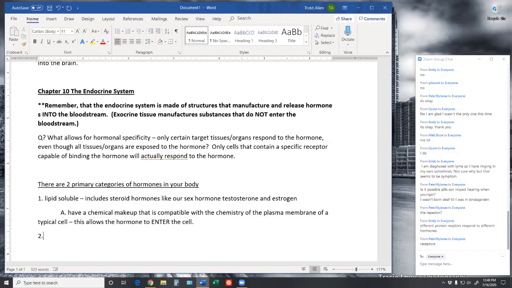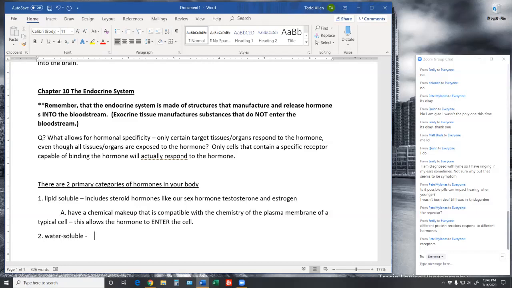In contrast with that, lipid-soluble hormones are highlighted for you on figure 10.3, page 174. In contrast with that, we also have the water-soluble hormones.